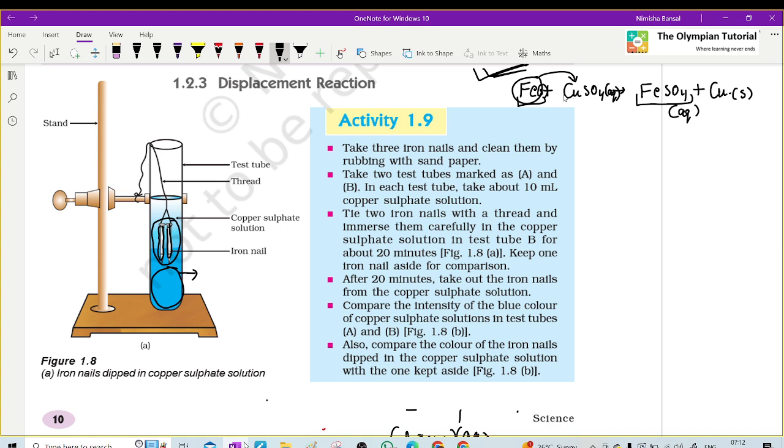That's why it displaces copper from copper sulfate solution. Are you getting it? Now read activity 1.9.